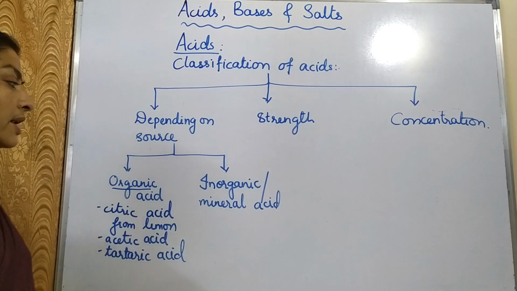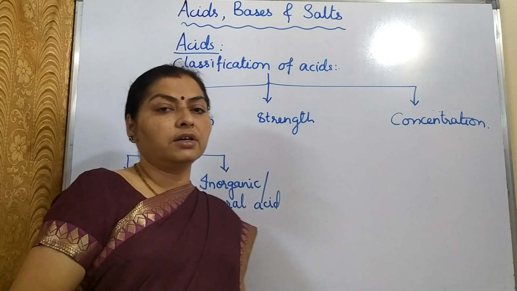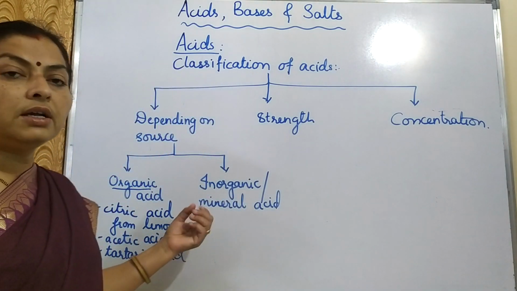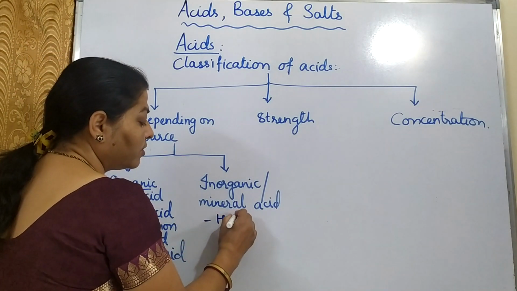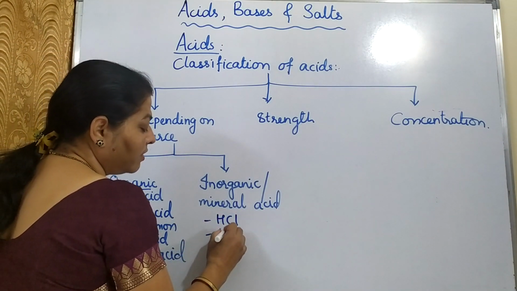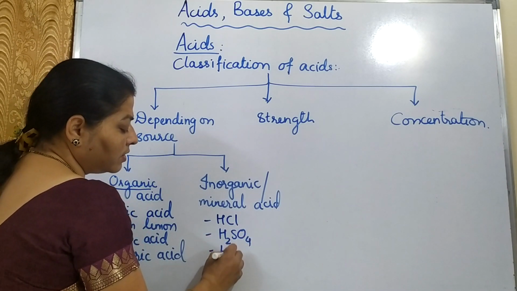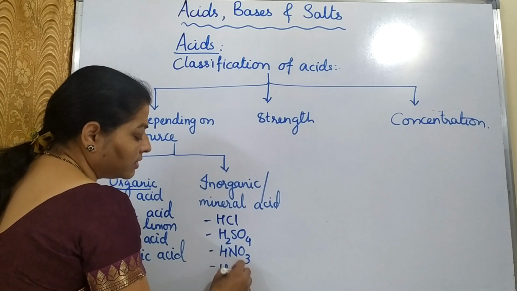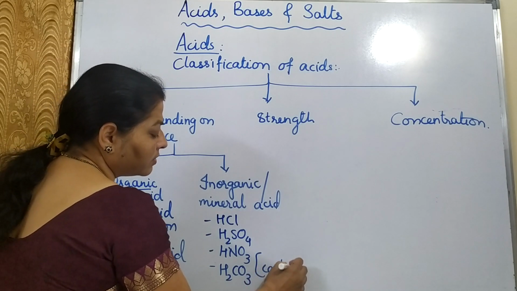Inorganic acid or mineral acid, which is obtained from the minerals, means from the crust of the earth, whatever elements are obtained by extraction process, and then we get the acid from that. For example, hydrochloric acid, sulfuric acid, then nitric acid, even carbonic acid, H2CO3.